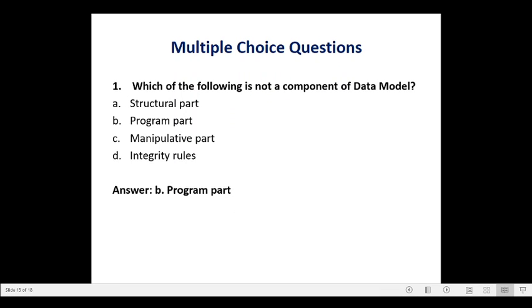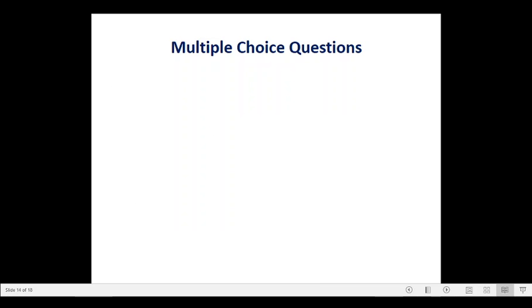So the answer is program part, which is not a component of data model, because we know structural part, manipulative part, and integrity rules are the components of data model.